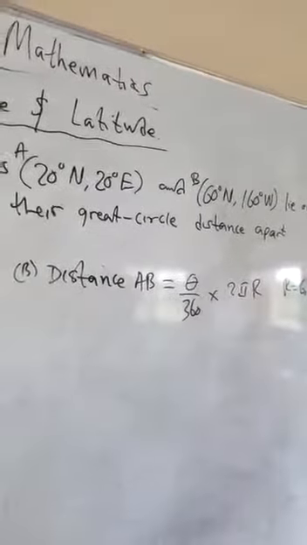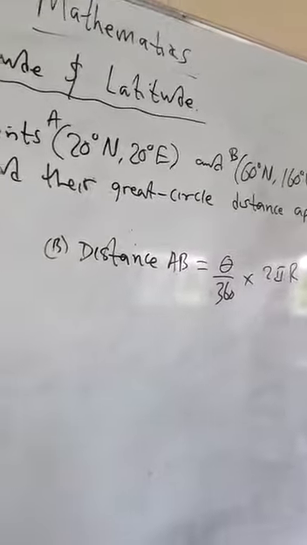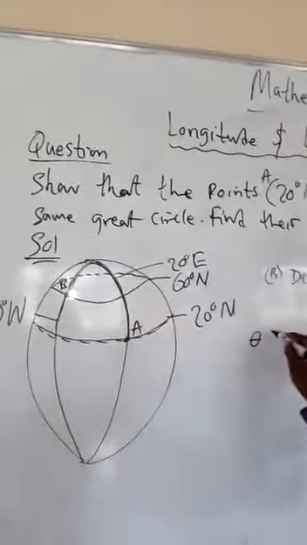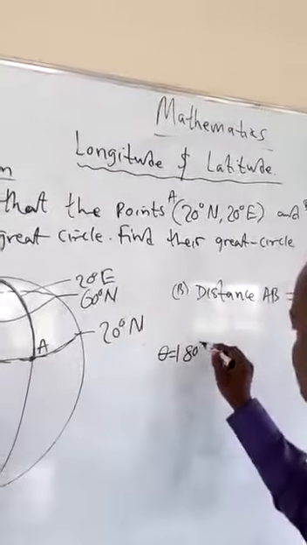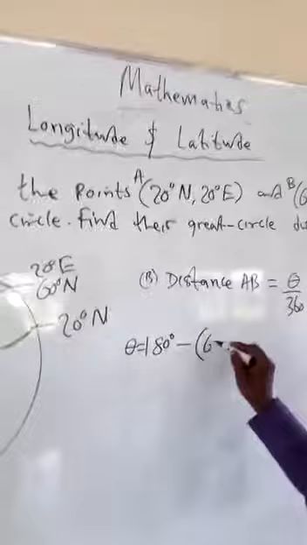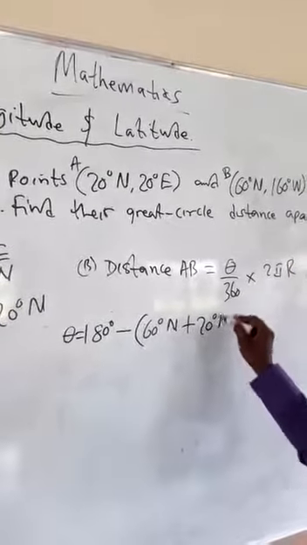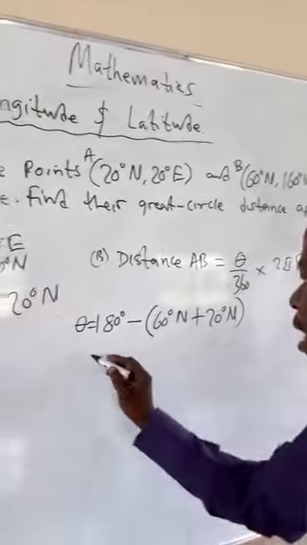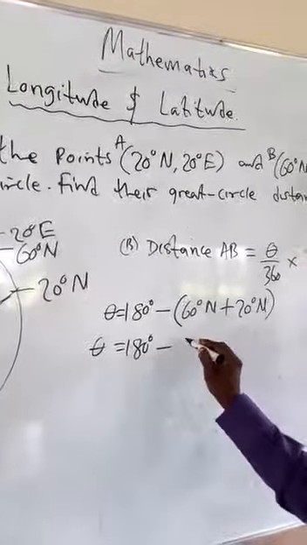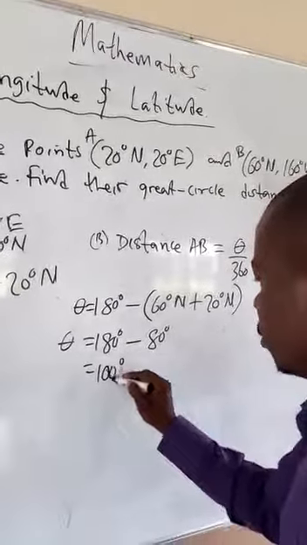Now the theta we use here will be different from other types of theta we have been using. So theta will be 180° minus 60° north and 20° north, and that gives us 180° minus 80°, and that gives 100°.